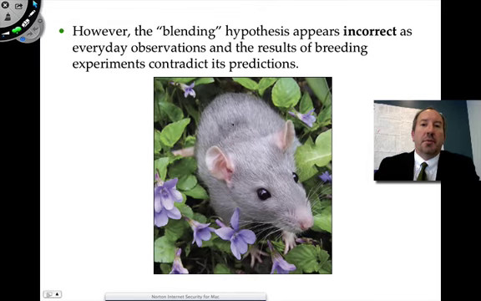If gray and gray reproduce, they're only going to have gray mice children. But the truth is, the gray mice in the first generation, when they have children in the second generation, can produce black mice and white mice and gray mice.